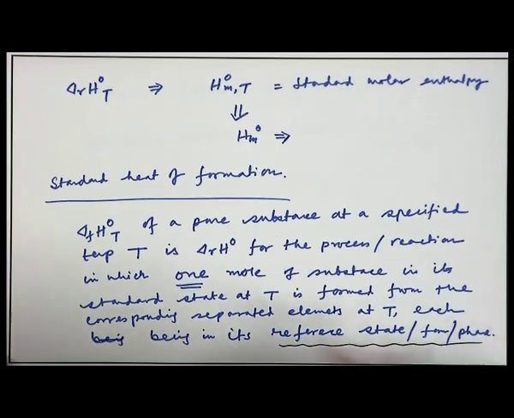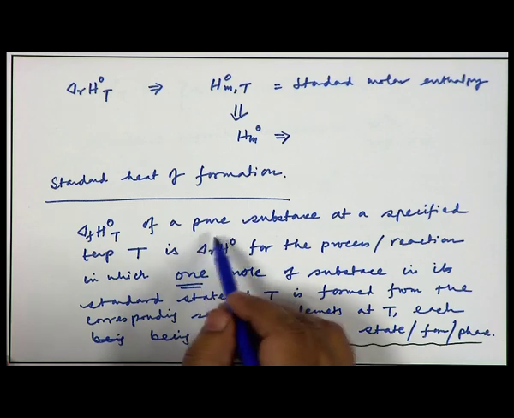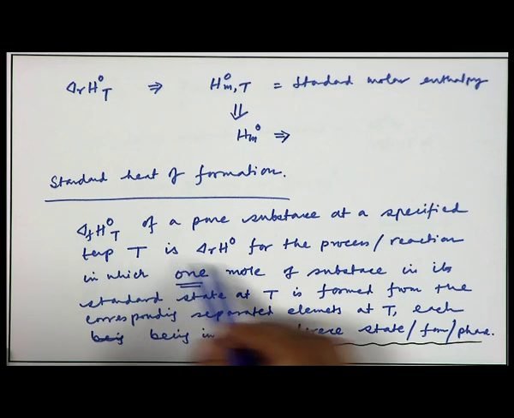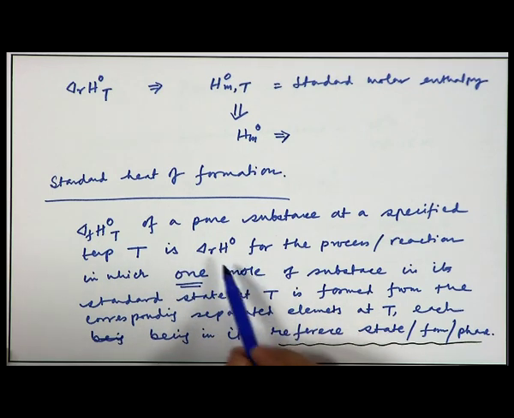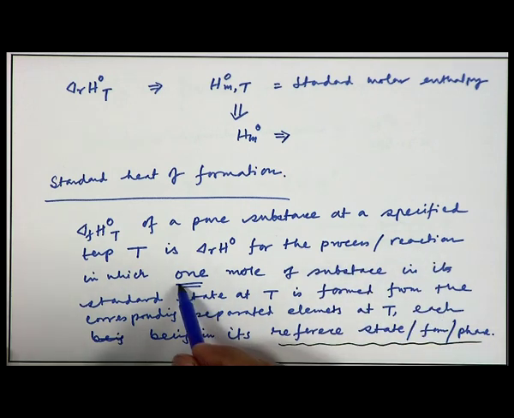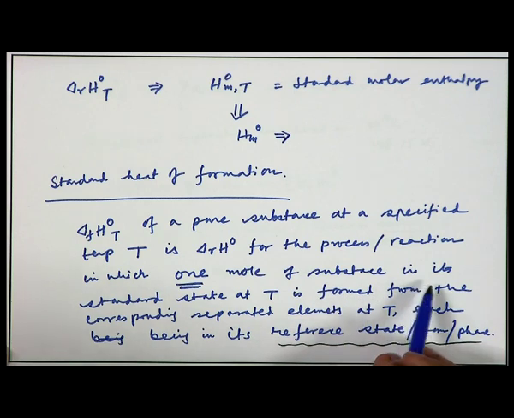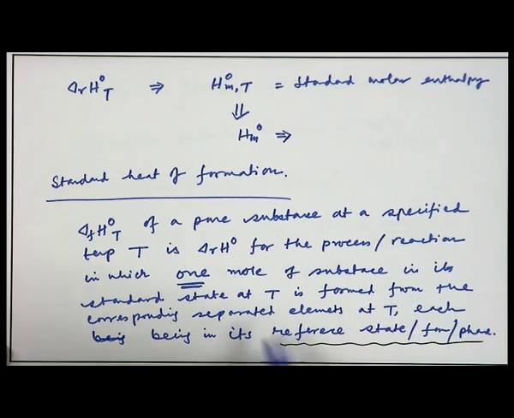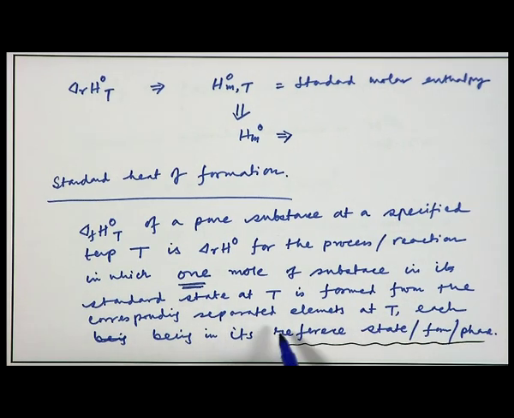Now, we defined heat of formation in the last lecture. The standard heat of formation for a pure substance at a specified temperature T is the heat of reaction or enthalpy of reaction for the process in which 1 mole, remember 1 mole, of the substance in its standard state at temperature T is formed from the corresponding separated elements, again at that particular temperature T, each being in its reference state or reference form or reference phase.